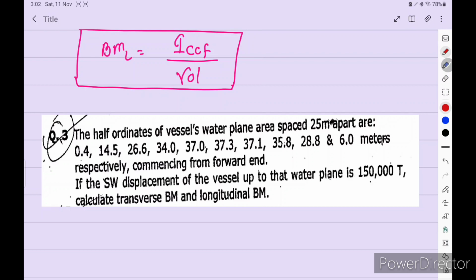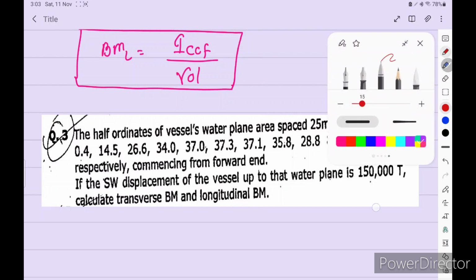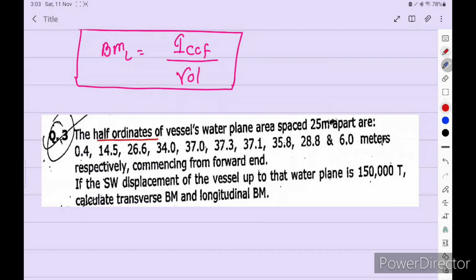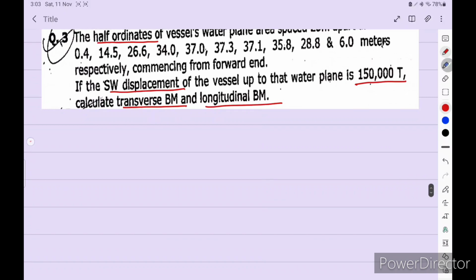If the seawater displacement of the vessel up to that water plane is 150,000 tons, calculate transverse BM and longitudinal BM. So the half ordinates are one thing, then the seawater displacement is given in tons. We need to find transverse BM and longitudinal BM. Okay, so let's solve this numerical.